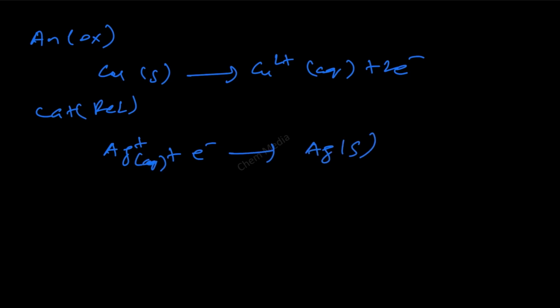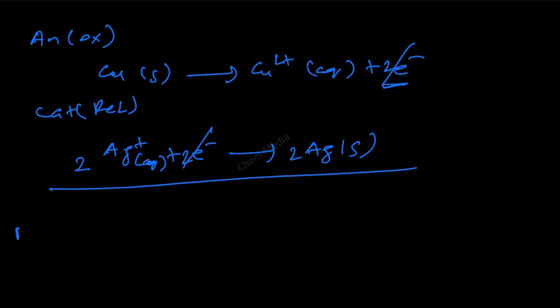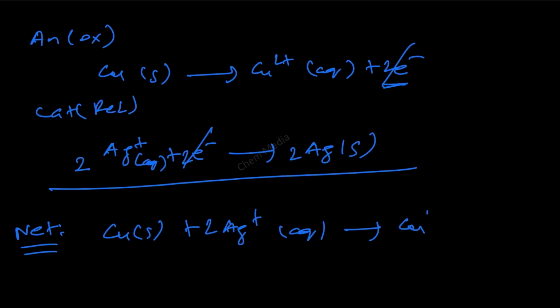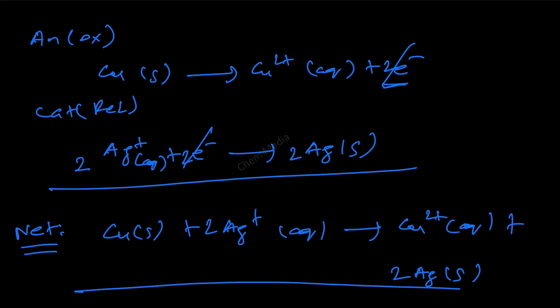We have to multiply the cathode reaction by 2, because 2 moles of electrons are involved, so that we can balance it. The net reaction is copper solid plus 2 Ag plus giving copper 2 plus and 2 Ag solid.